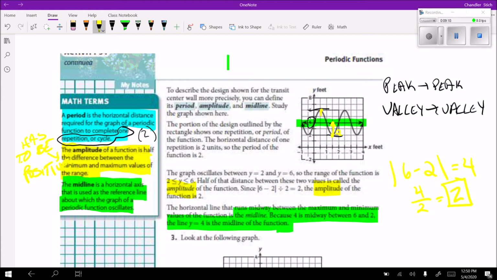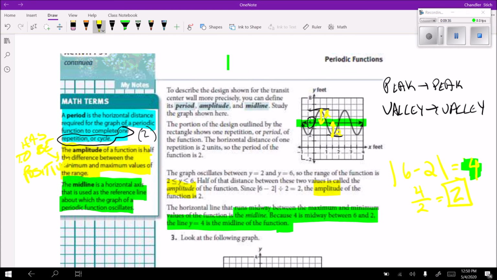The peak to the midline is 2. So our midline is actually just the double of what our amplitude is. In other words, it's that 4 that we found when we found the amplitude. Okay, that is your midline.